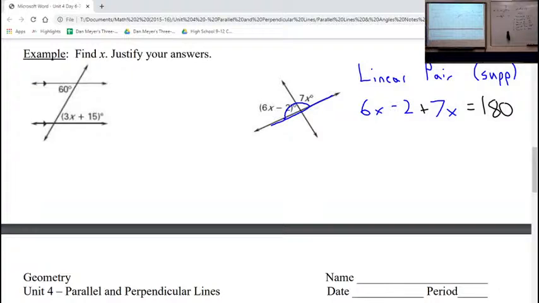And I'll let you finish up and solve this one. Make sure we still remember how to solve this equation here.